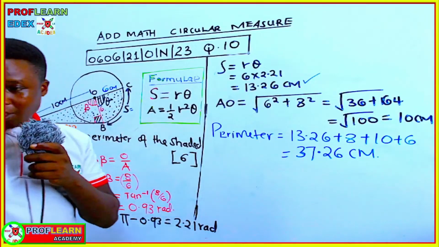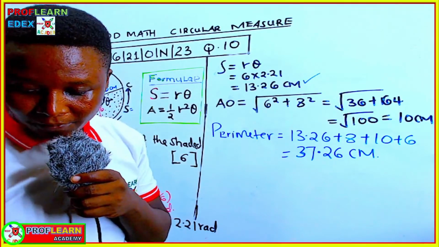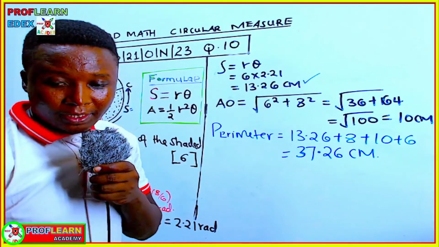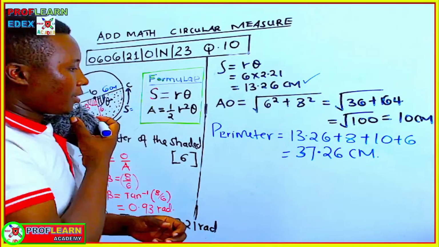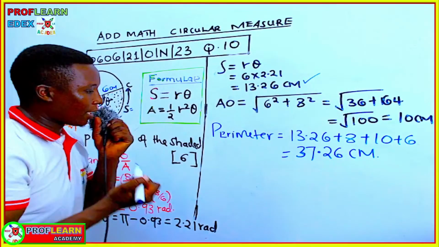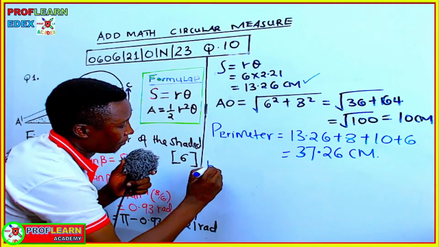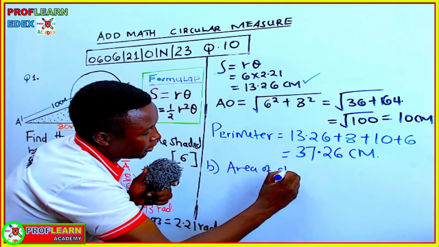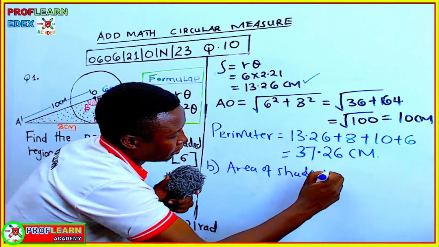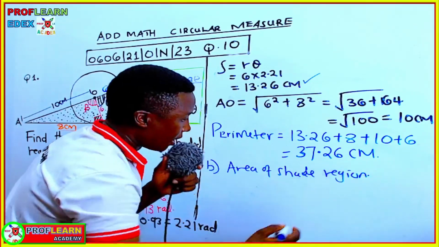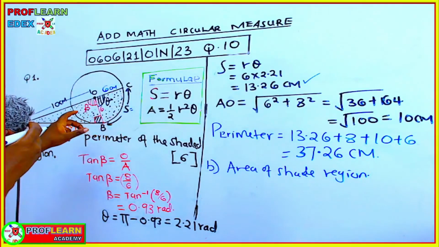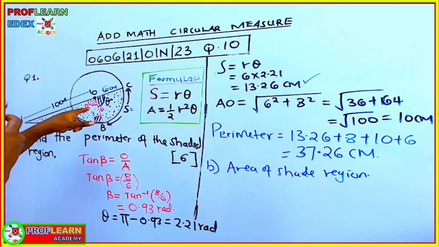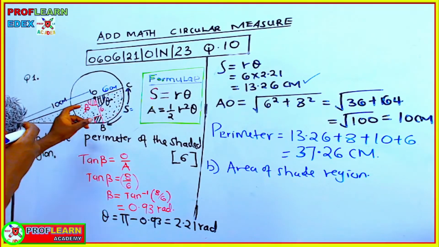Okay, now once we have this perimeter, the next question of interest for part B is to work out the area of the shaded region. In order to work out the area of this shaded region, I'll work out the area of the right angle triangle.